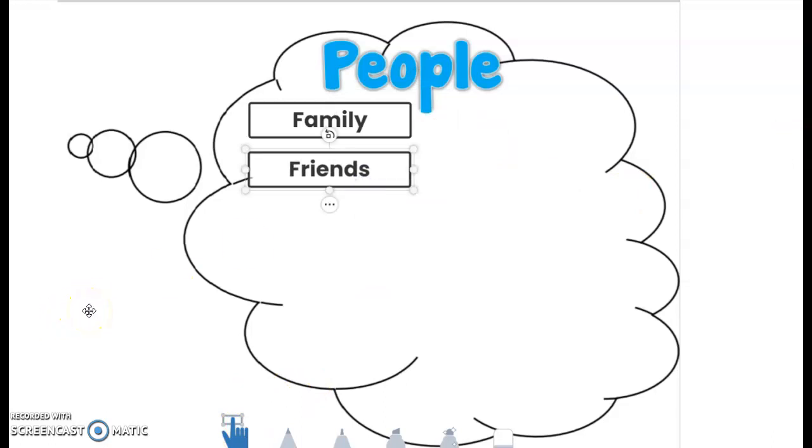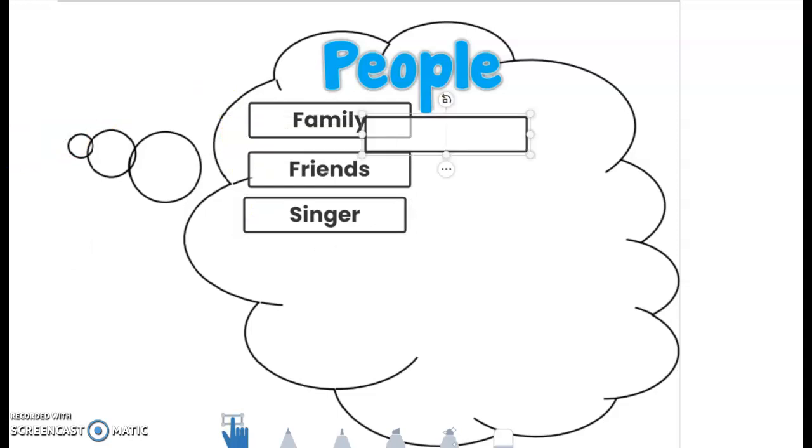All right, let's think of some other people that we might know a lot about. So earlier I said a singer. You might know about singers or a musician. You might know a lot about a movie star, like an actor or an actress. So let's put them on there.